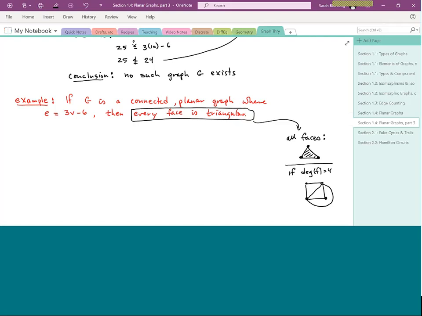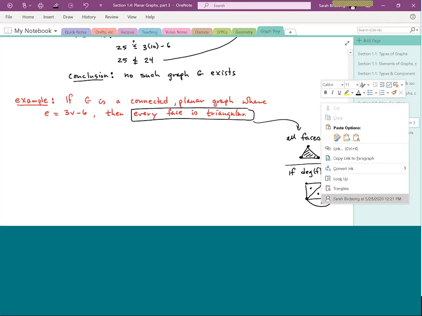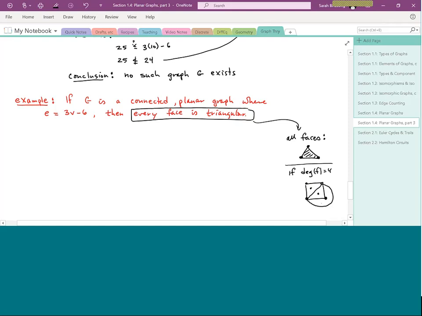But notice here in terms of faces, we still have the 2 bounded faces that are degree 3. We now have a new bounded face that's also degree 3, and the unbounded face now is 1, 2, 3, also degree 3. So it turns out that this is actually a true statement that you can keep on adding edges until you get every face here is degree 3.